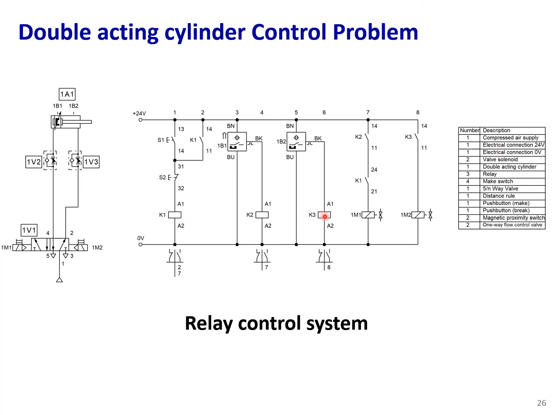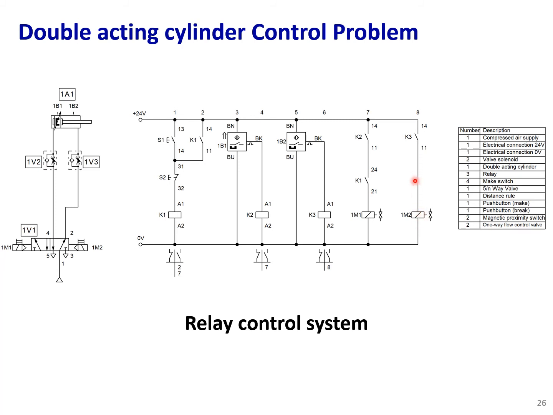Those relays are used to provide a logical circuit here and control the 1M1 and 1M2 solenoids. Once K1 and K2 are both closed, then 1M1 will be energized. Once K3 is closed, then 1M2 will be energized.